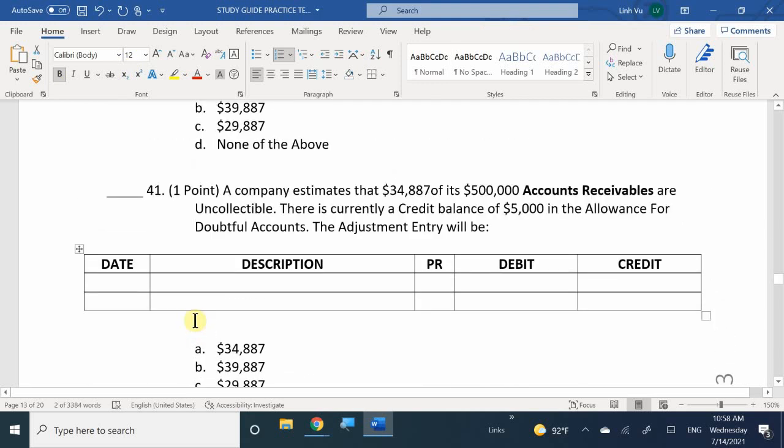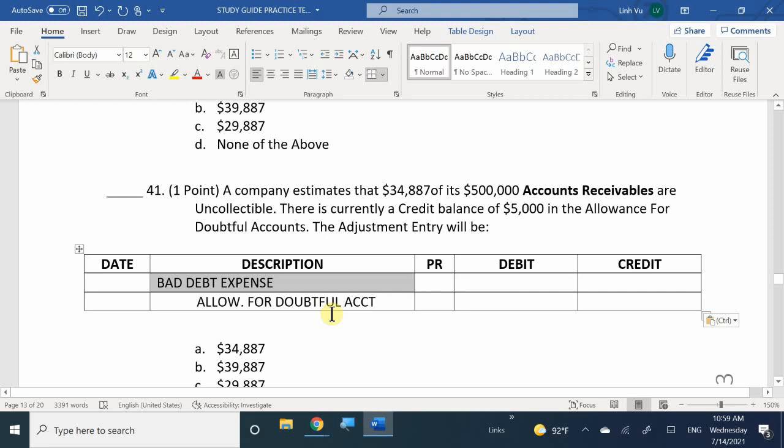Again, a company estimates that 34,887 of its 500,000 accounts receivable is to be uncollectible. There is currently a credit balance of 5,000 in the allowance for doubtful accounts. The adjustment entry will be C, 29,887.